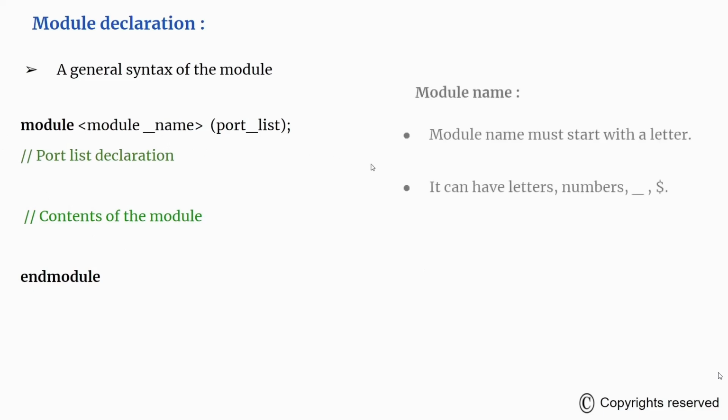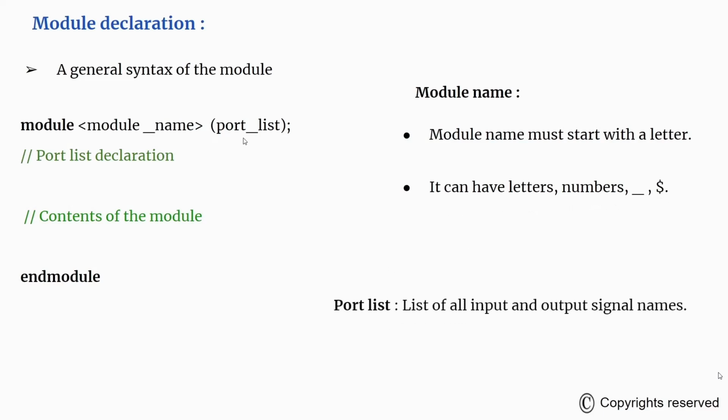It starts with module and the module name. A module name must start with a letter. It cannot start with a digit or any characters other than letters. A module name can have letters, numbers, underscore and even a dollar symbol. Port list is nothing but the list of all the input and output signals.